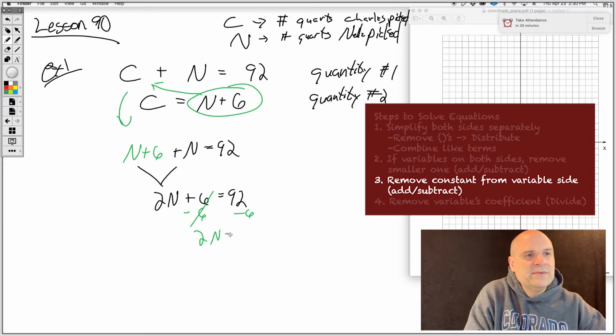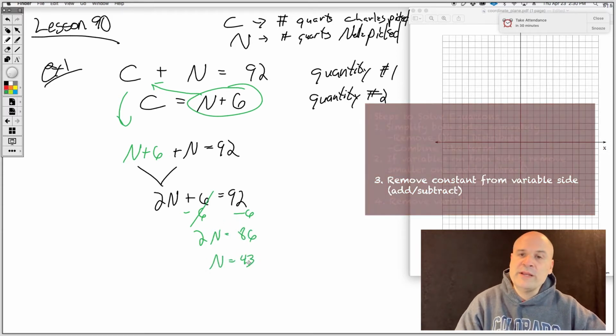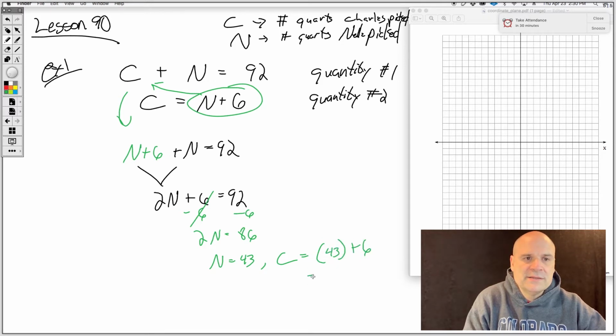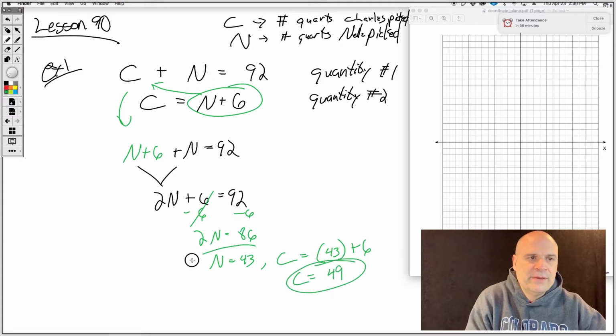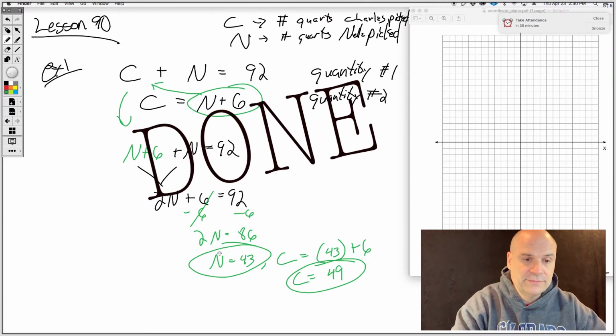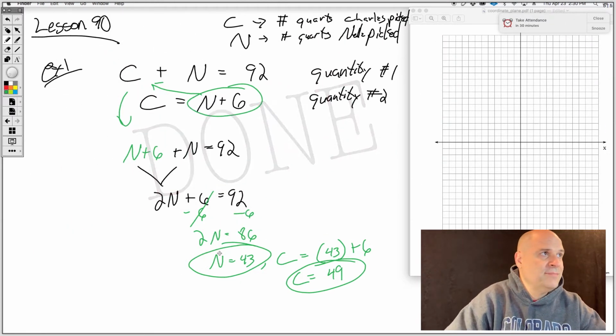So 2N equals 86, N equals 43, so that's how many quarts Nell picked. So how many did Charles pick? Well, Charles is whatever N is, 43 plus 6, so Charles is 49. Together they picked 92 quarts. That works.